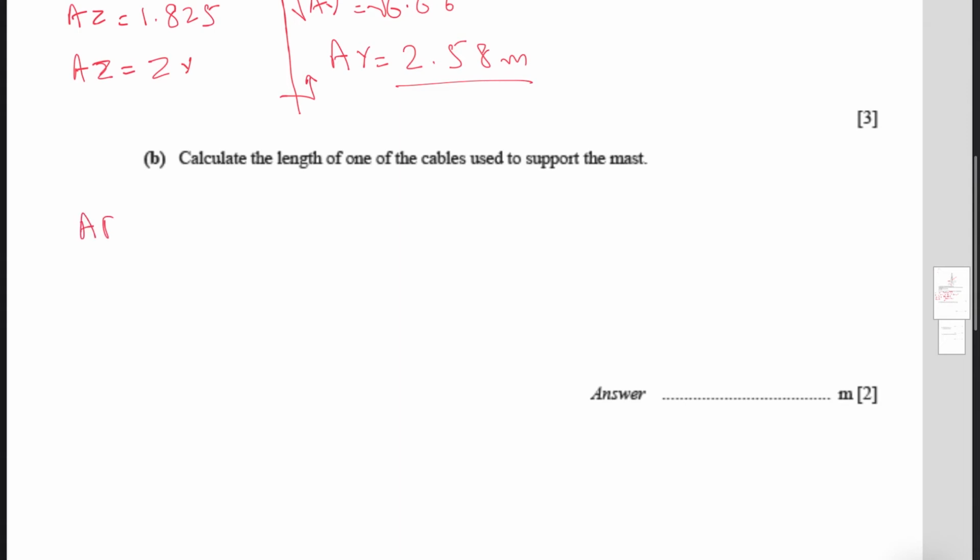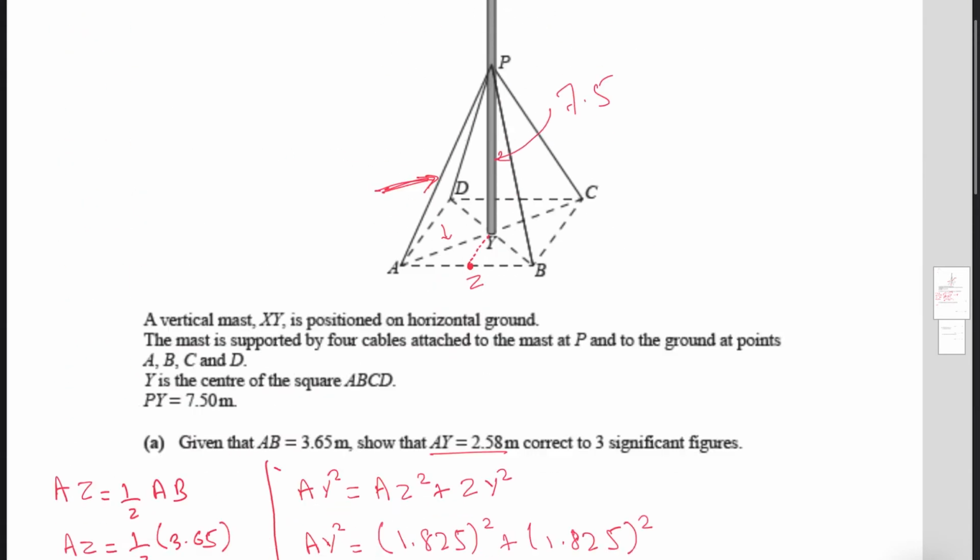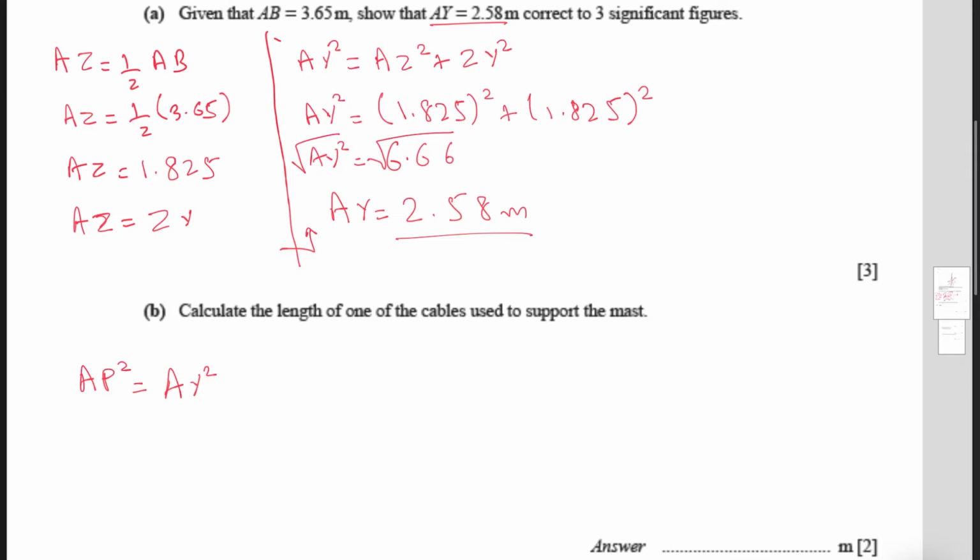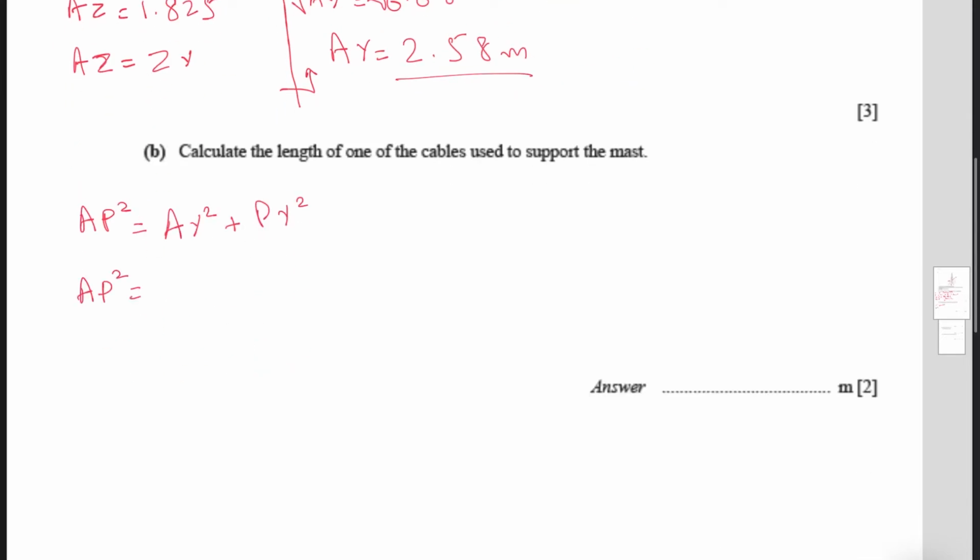So AP squared is equal to AY squared plus PY squared. So AP squared is equal to 2.58 whole squared plus 7.5 whole squared, which gives us 62.9.